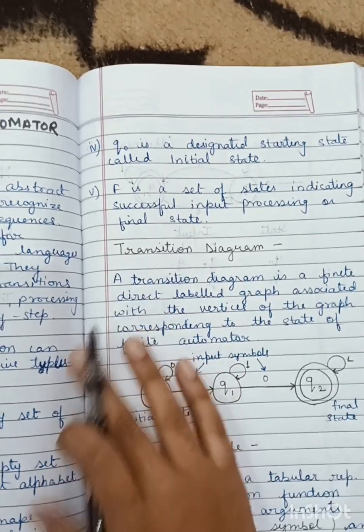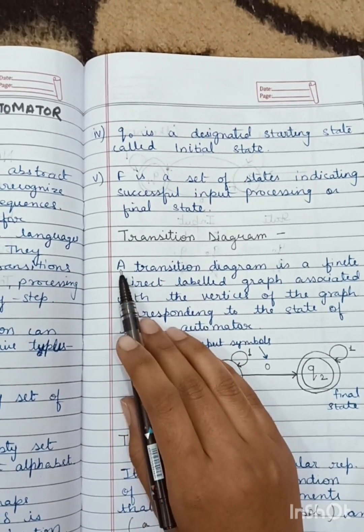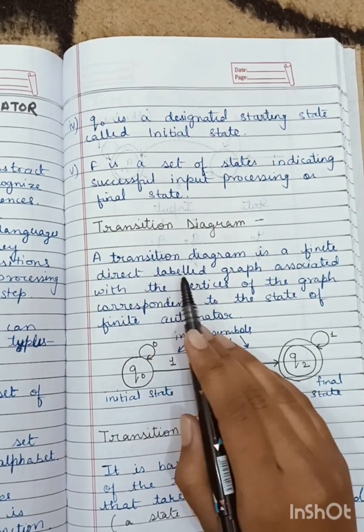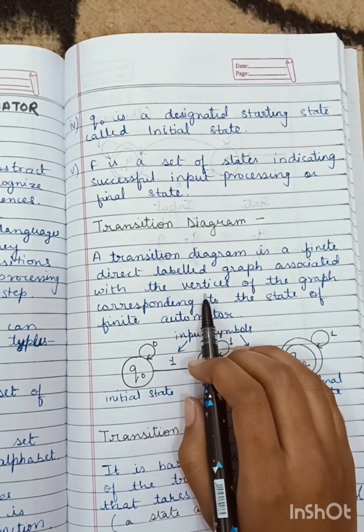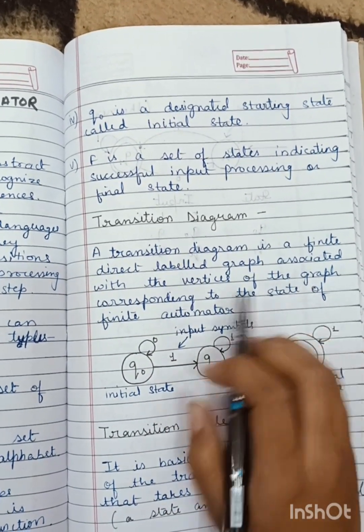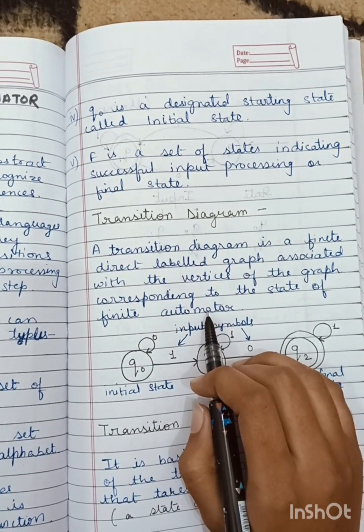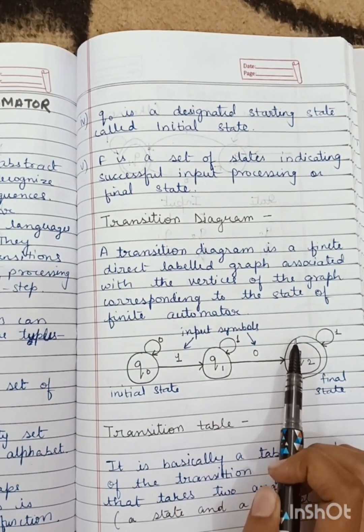Now let us come to the transition diagram. A transition diagram is a finite directed labeled graph in which the vertices of the graph correspond to the states of the finite automaton. So this is the diagram of transition.